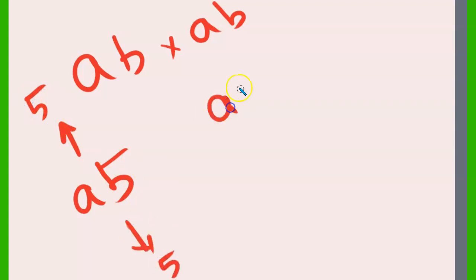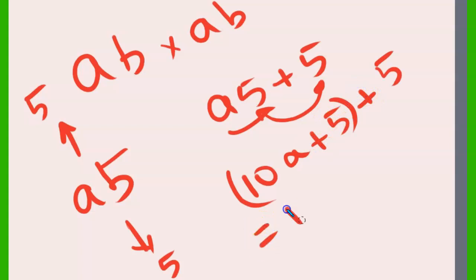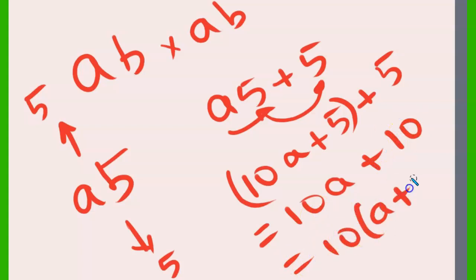So when we add 5, 5 plus 5 is 10, and of course this can be written as 10 times the digit A, and then we add 10, and so we end up with 10A plus 10, and so we can write 10 times (A plus 1).